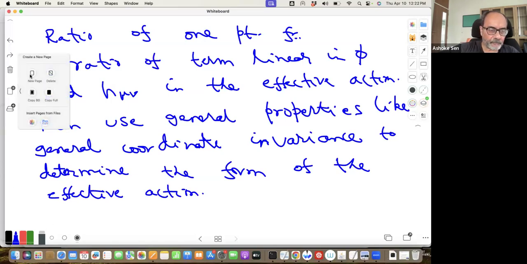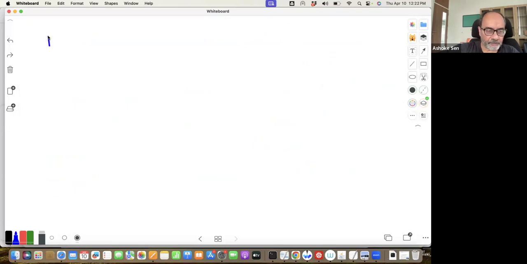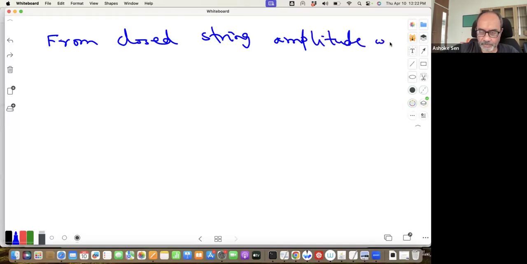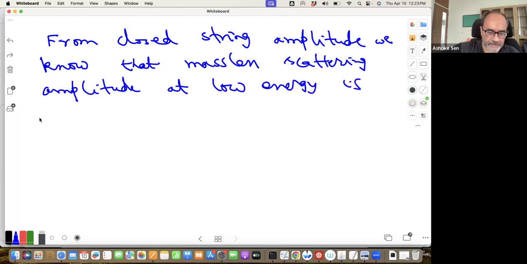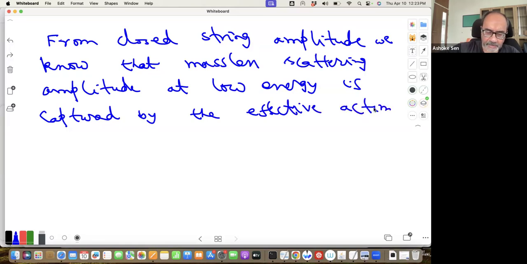Just from the closed string amplitude, we know that the massless scattering amplitude at low energy is captured by the effective action, which has this form.